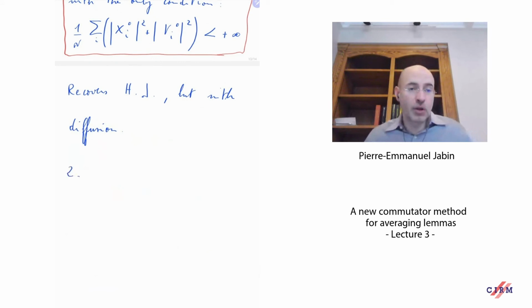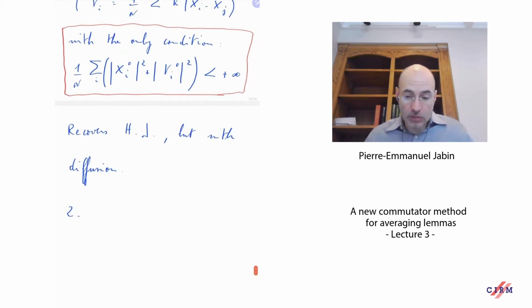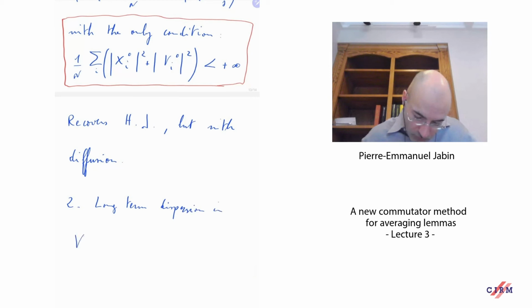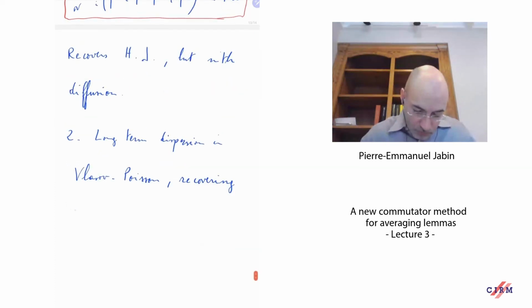A second example of corollary is that this gives you long-term dispersion in Vlasov-Poisson. And that recovers the very famous result by Bardos and Degond, without any regularity on the solution.